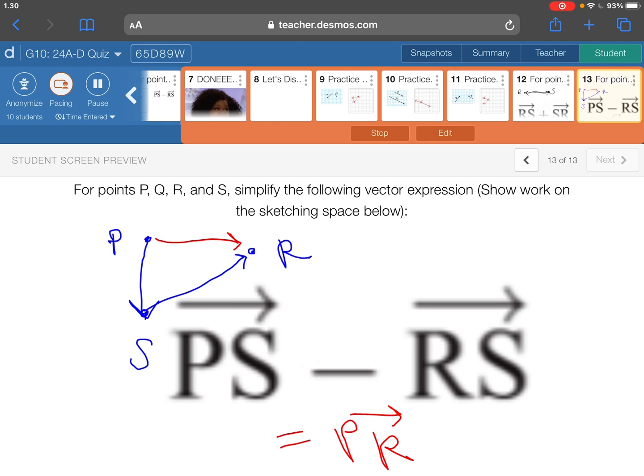And we're going to add the negative direction of RS. Or in other words, you would go from S to R. RS is just the opposite of S to R, right? And then you will get P to R. The PR vector is your answer. So hopefully that makes sense.